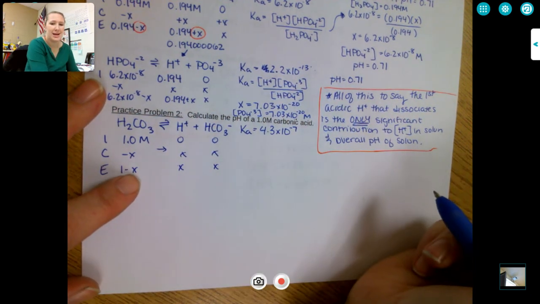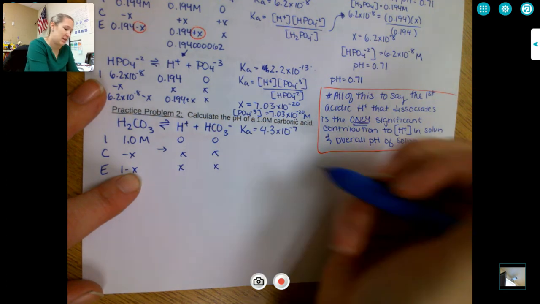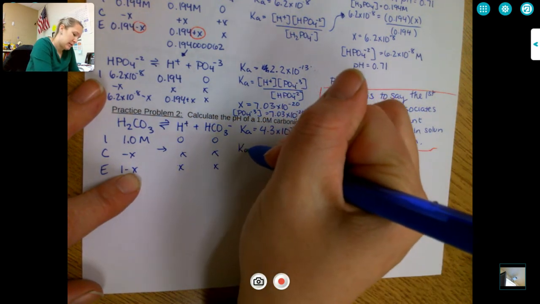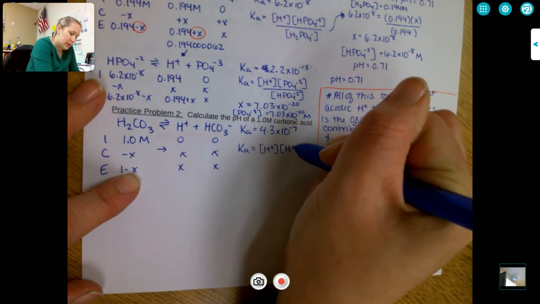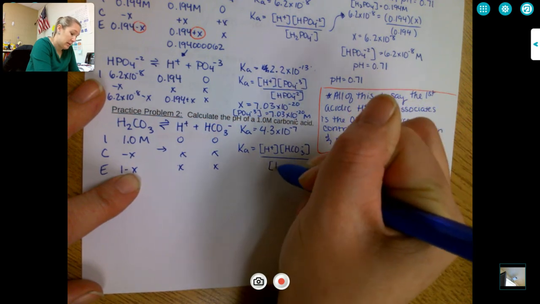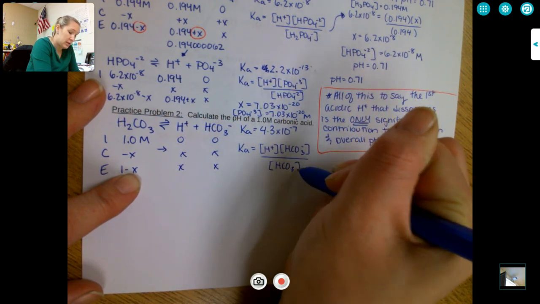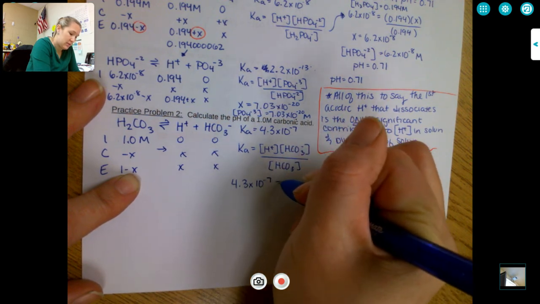And weak acid, so this amount of dissociation to its change is basically insignificant, so we can ignore it. Ka is H plus, HCO3, you guys should be pros at these by now. HCO3, and I plug in 4.3 times 10 to the negative 7.